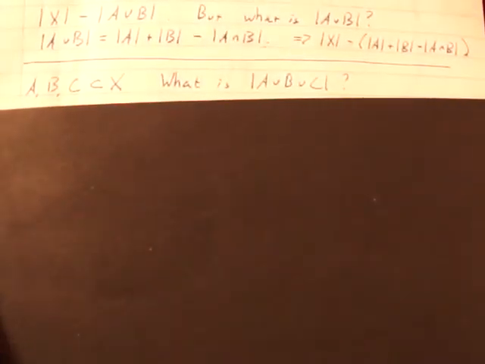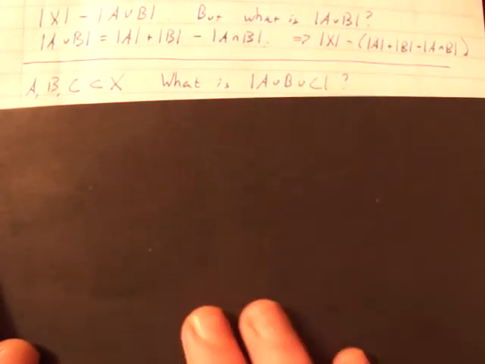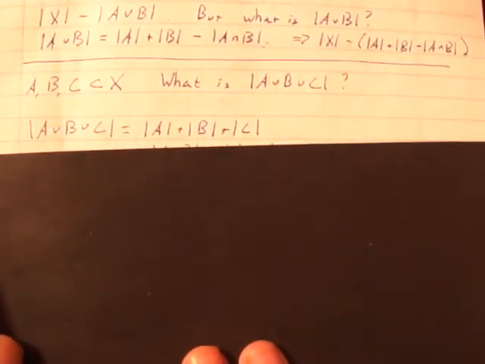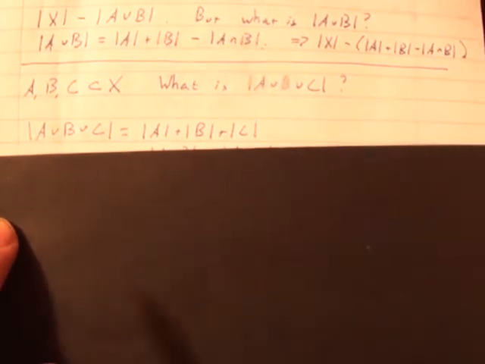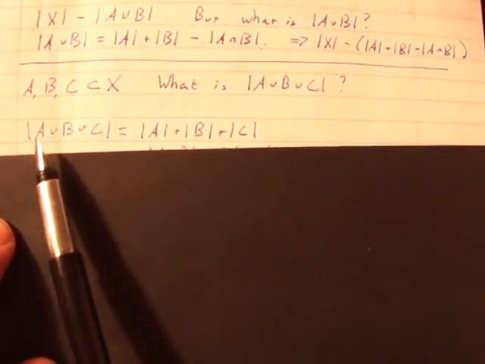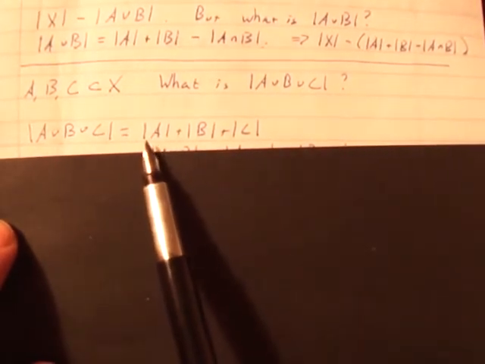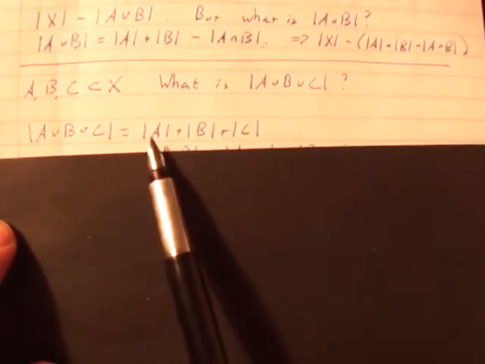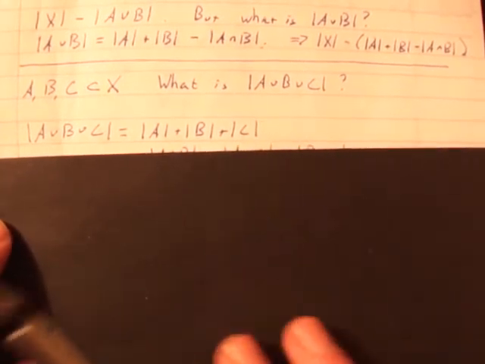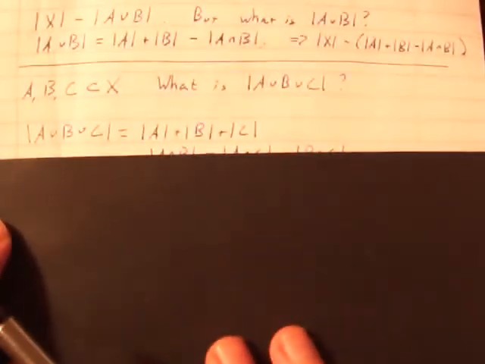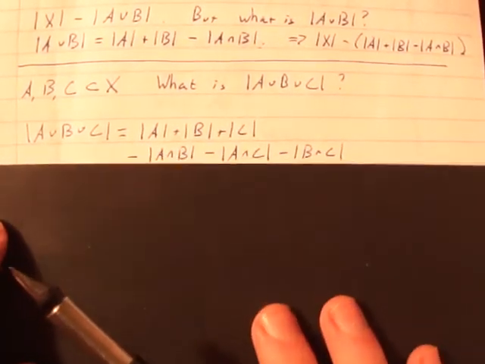Now for three sets, it's really quite similar, but I'll just run through it more quickly. So, the cardinality of A union B union C. Again, we start out by just dumbly adding up the cardinalities of the individual sets, but now we know that we've overcounted everything that's in the intersections.